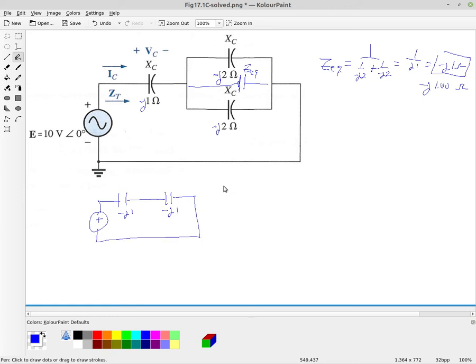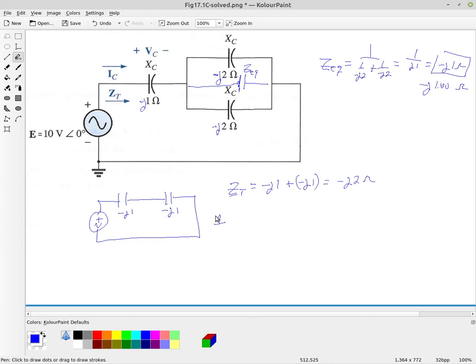And so we can talk about the total impedance now, minus J1 plus a minus J1, which is going to give us minus J2 ohms for our total impedance seen by this supply.